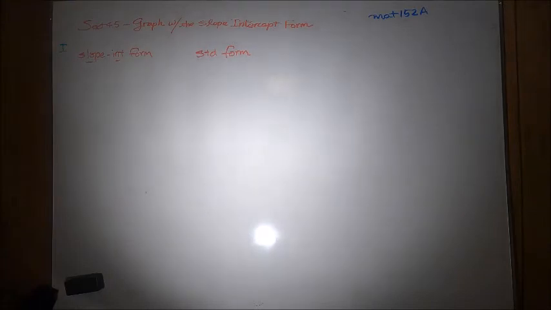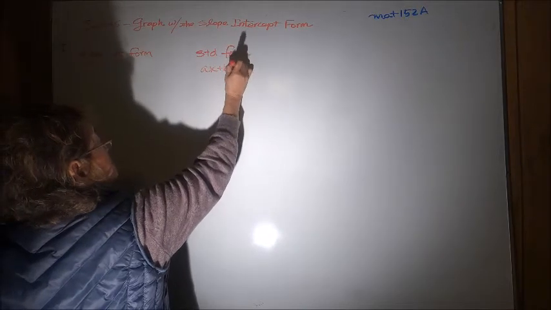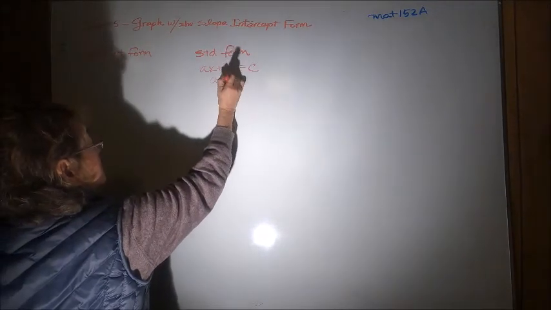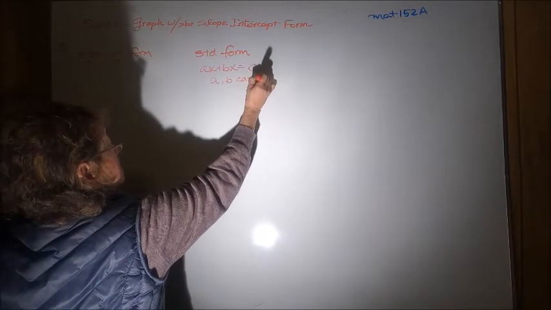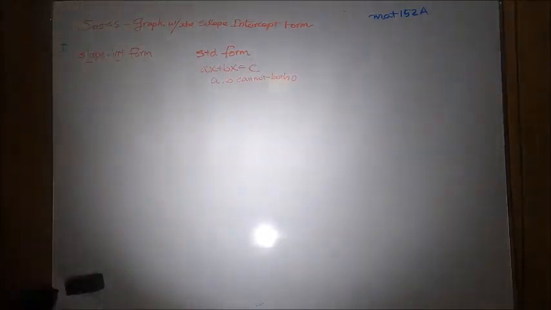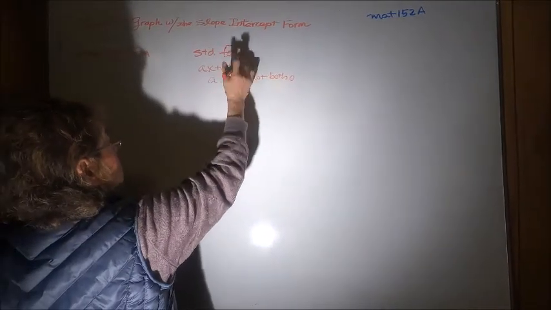We also learned standard forms. So standard form is what? Ax plus By equals C, right? Then your A and B cannot both be 0. If one of them is 0, that is fine, but not both.